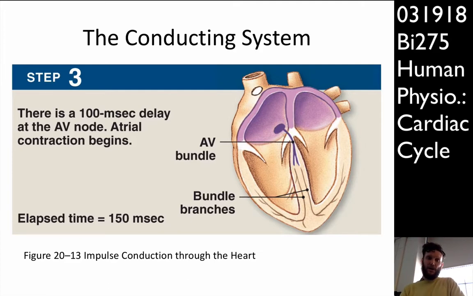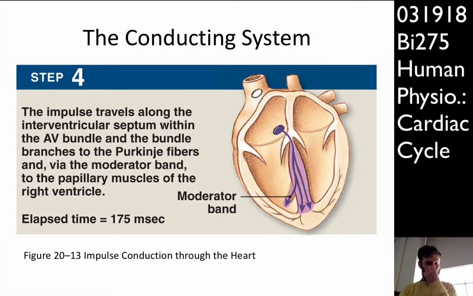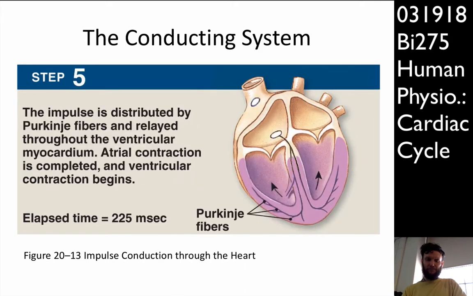The AV node starts to fire up and sends a signal down the bundle branch, which propagates through the interventricular septum out to the bundle branches and the moderator band. The moderator band is a kind of specialized papillary muscle, the nuance of which is not that important right now. And so this happens quite rapidly, only about 175 milliseconds.